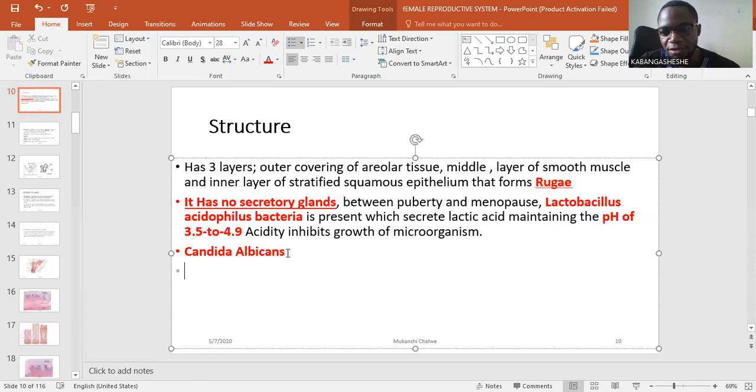So as a result, this person will present with itchy vagina as well as pus discharge because of death of some cells, which will form pus. So vaginal fungal infection or vaginal thrush can be sexually transmitted.